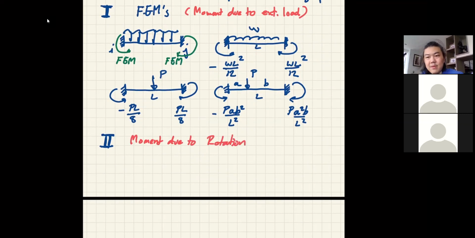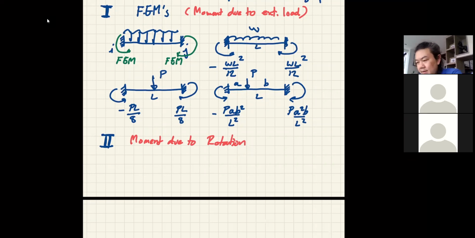Now we have done the part where we just consider the load and how much moment the load creates. Now, because your joints will rotate, that is not enough. We must determine the moment caused by rotation as well. And now this is moment due to rotation alone, nothing to do with the load.